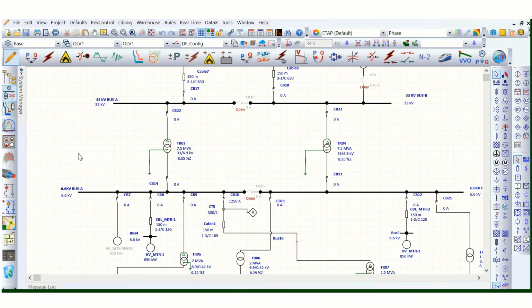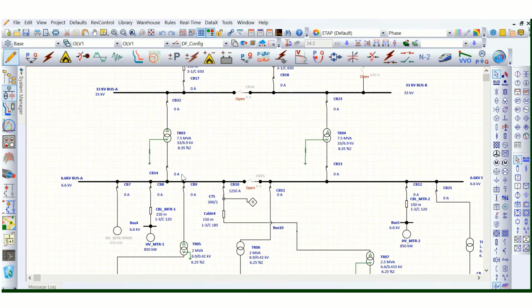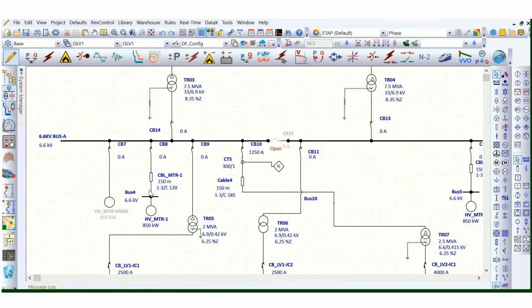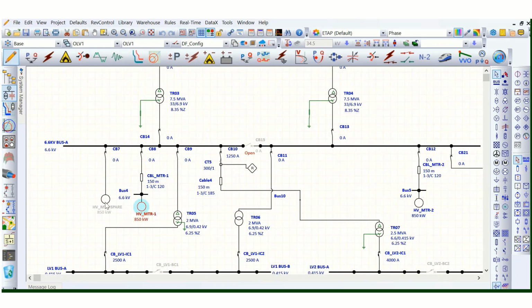And for the 6.6 kV system, suppose a lot of motors are connected, as per the process requirement. Different rated motors are connected with this system.